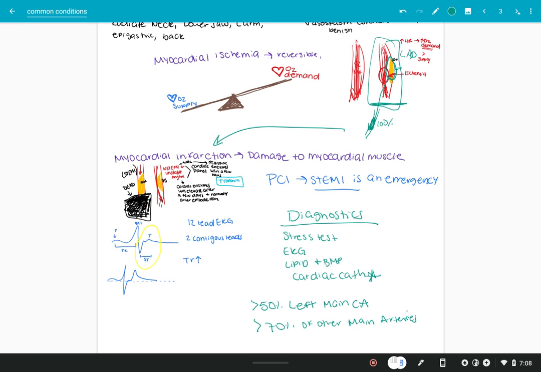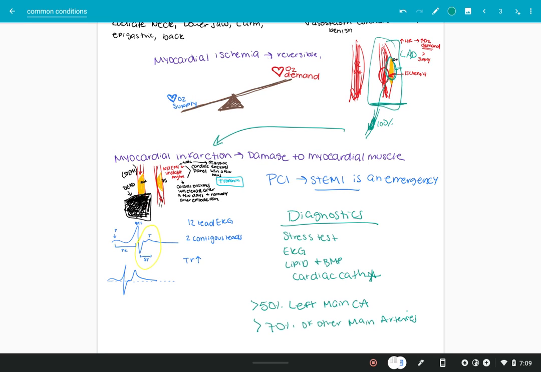Now, let me see if I'm missing anything for MIs. It looks like they want you to know how many hours after onset of chest pain the cardiac enzymes will elevate. Troponins will elevate 3 to 6 hours after onset and can remain elevated for 7 to 14 days. The CK-MB is 3 to 4 hours after onset, and the myoglobin is the earliest marker for MI, at 1 to 4 hours.